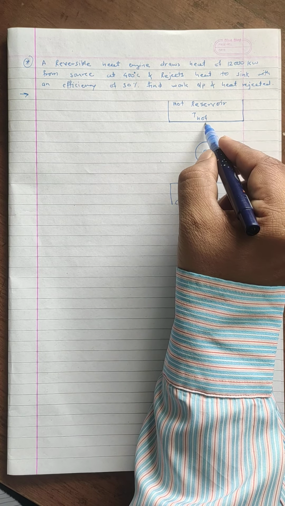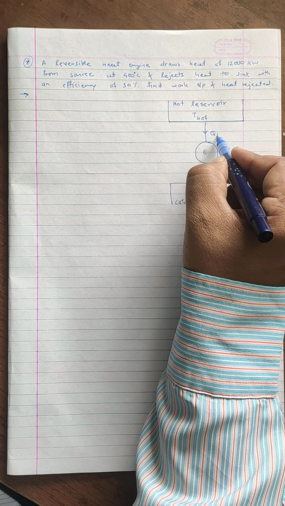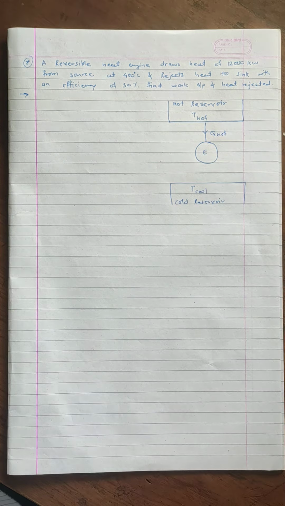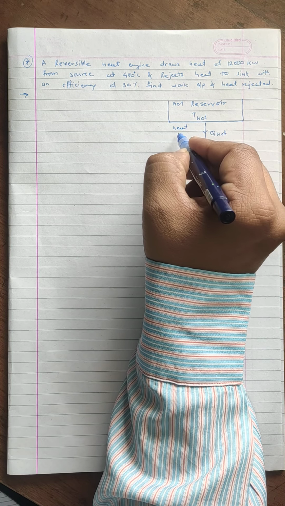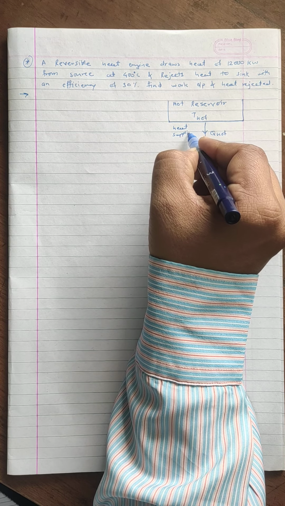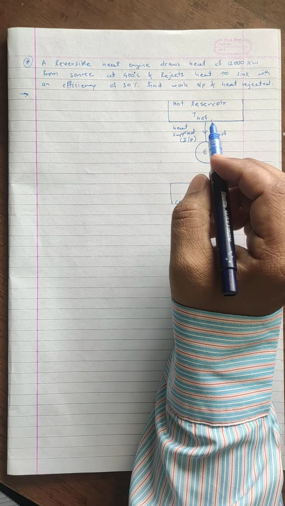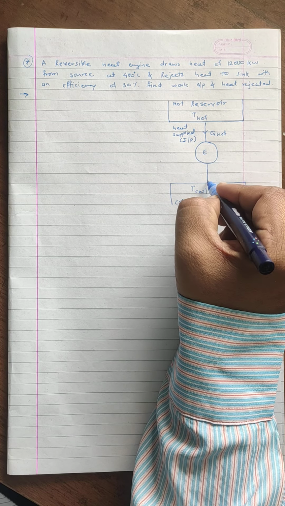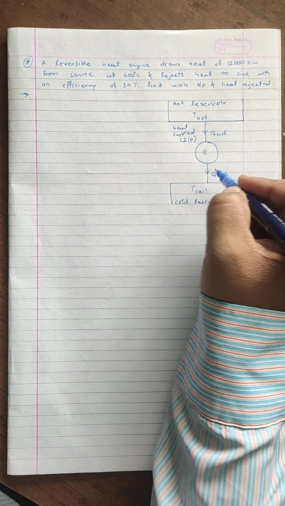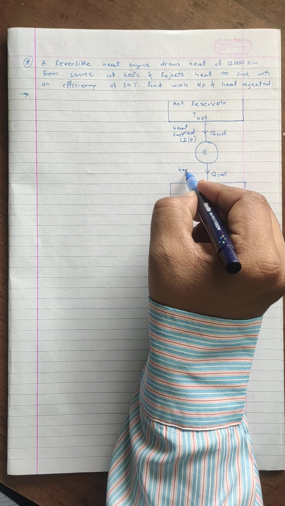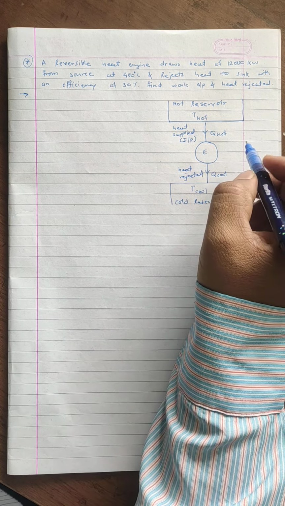Then heat is drawn as Q hot, and that is nothing but the heat supplied, which is the input to the engine. And this is Q cool, and this is the heat rejected.